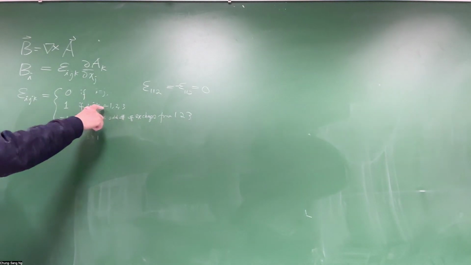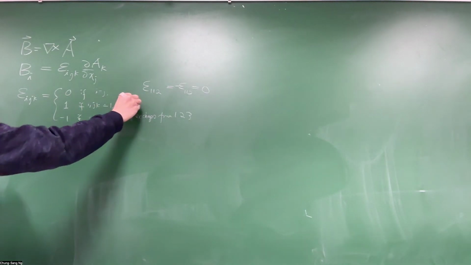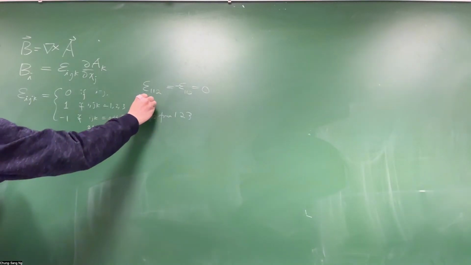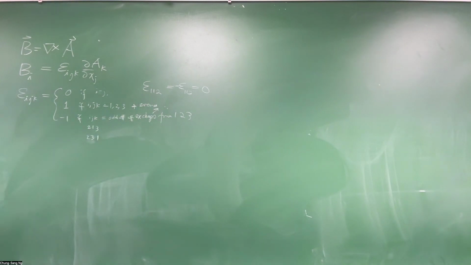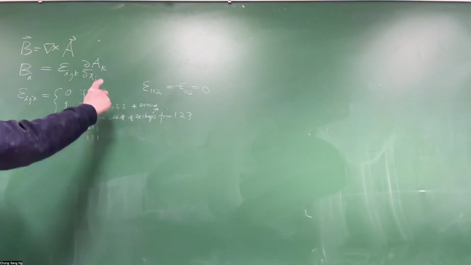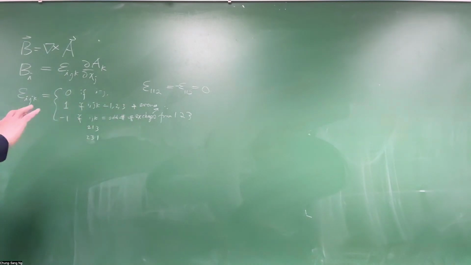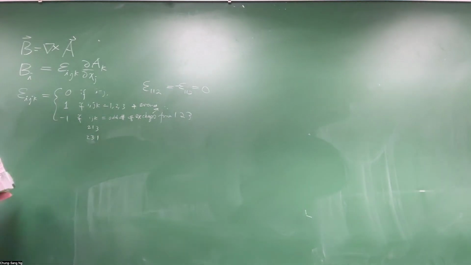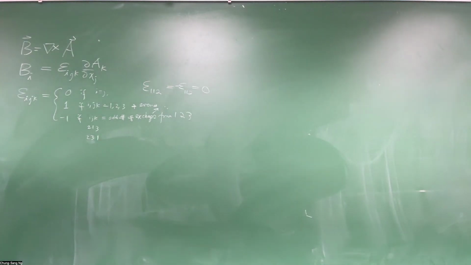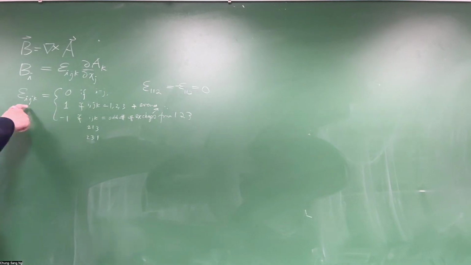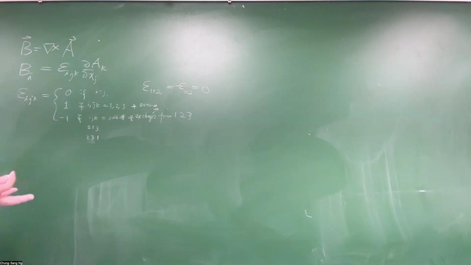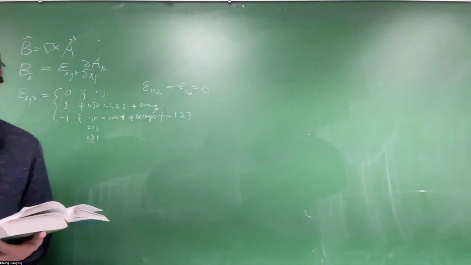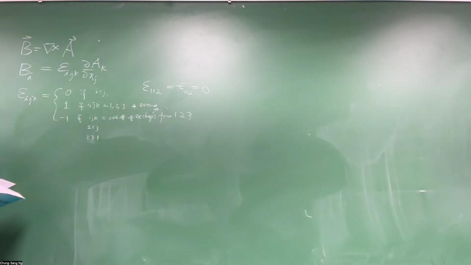If it's odd, it's minus one; if you obtain it from 1, 2, 3 by an even number of exchanges, for example two times, then it goes back to 1. Is that okay? That is also a property of the anti-symmetry, because anti-symmetry means you exchange two indices and you get a negative sign.